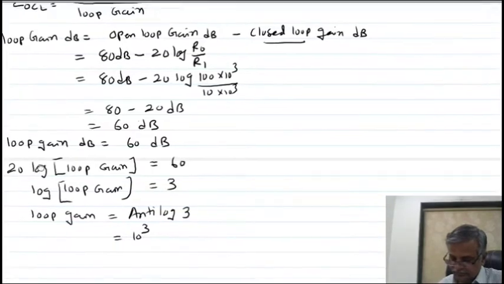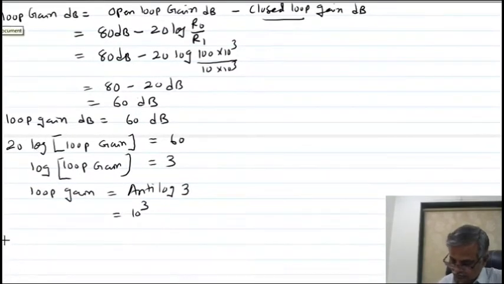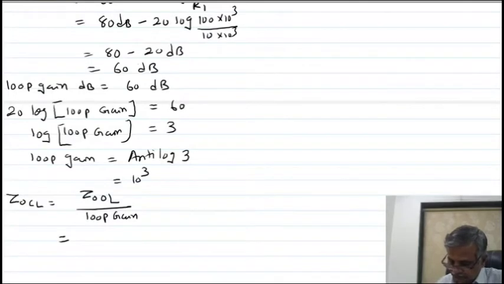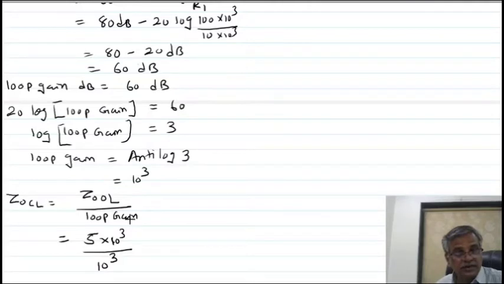Now your equation, ZOCL is ZOOL upon loop gain. ZOOL they have given 5 kilo ohm, and loop gain we have done the calculation.